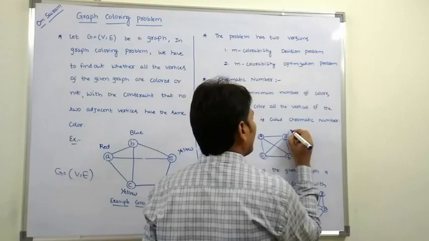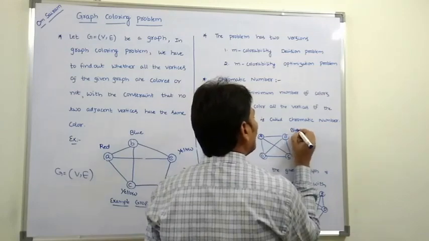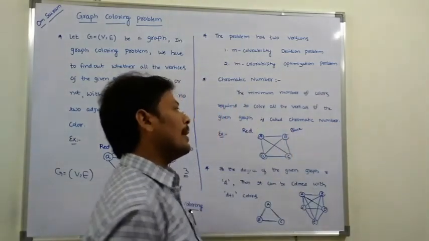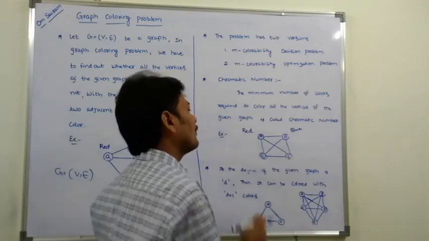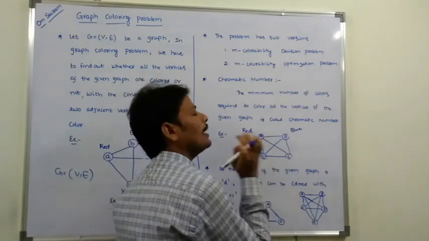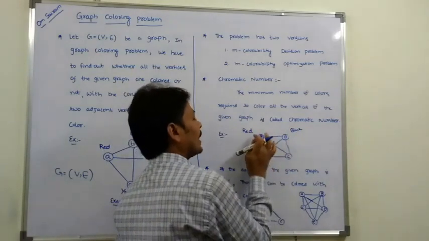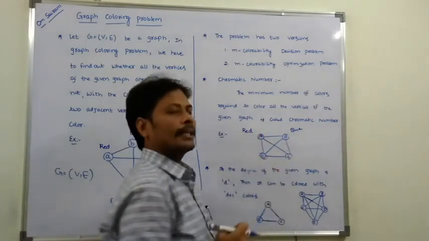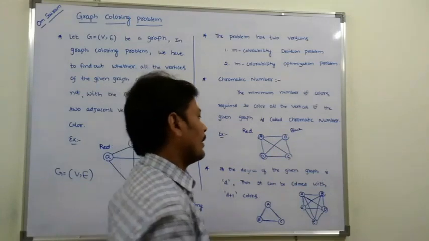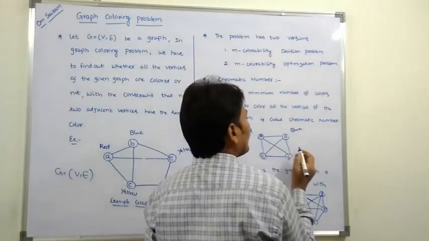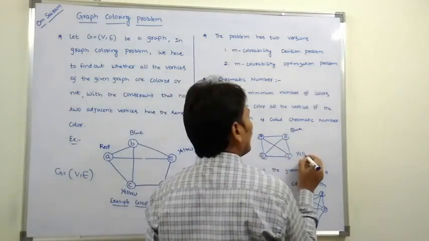Next, for vertex B, we have used the blue color. The same blue color cannot be used for A, D, C because B is adjacent to vertex A, vertex D and vertex C. Next, for vertex C, we are using the yellow color.